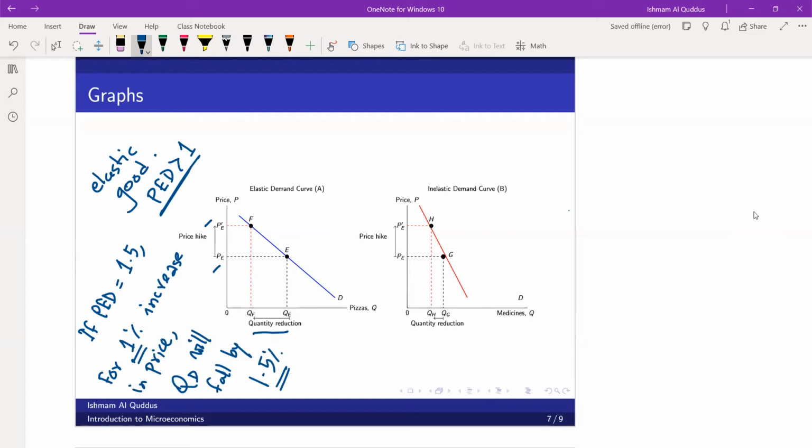However, when we are dealing with the case of inelastic, the change in quantity demanded due to the price hike is actually minimal.